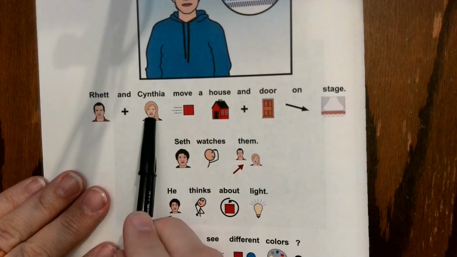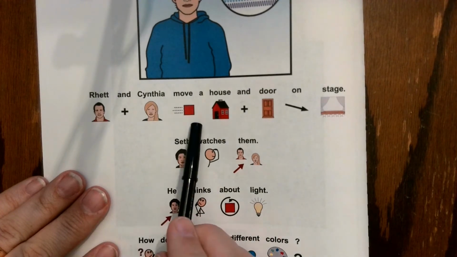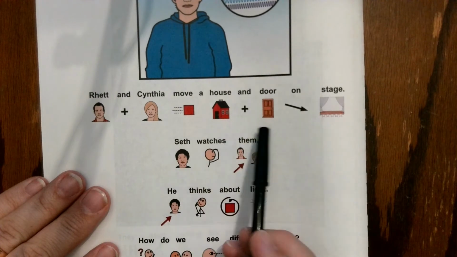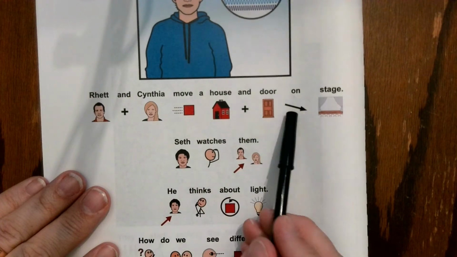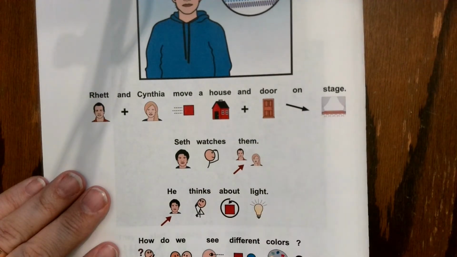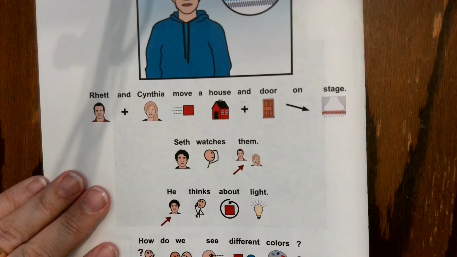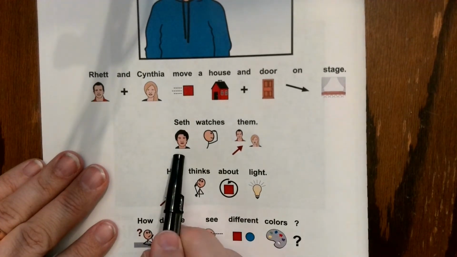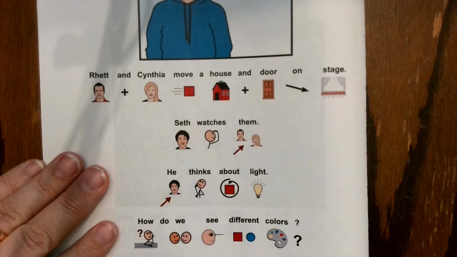Rhett and Cynthia move a house and door on stage. Think they're moving a real house on stage? No, probably just a pretend play one for the play. Seth watches them.